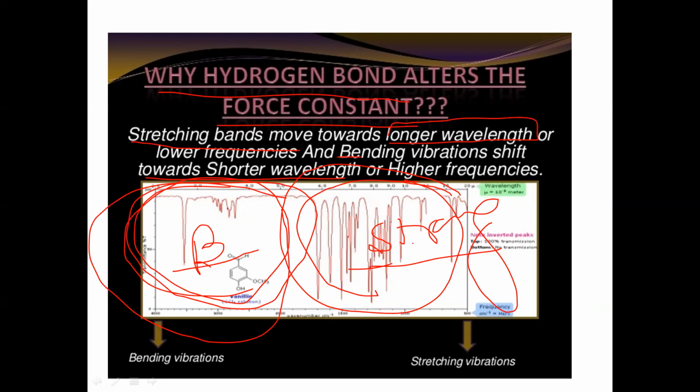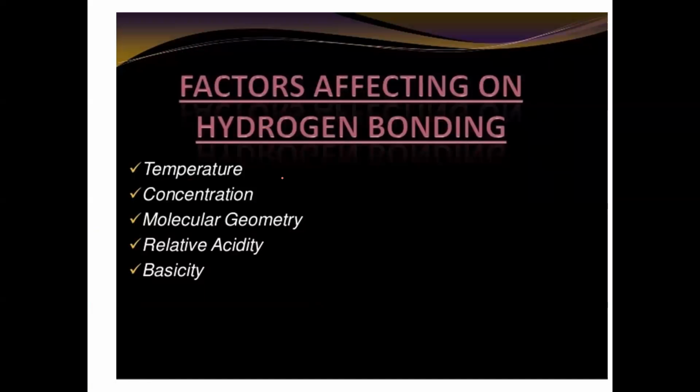This is actually the stretching vibration. Bending vibration appears at higher frequency, and stretching vibration occurs at lower frequencies. So this is the stretching vibration and this is the bending vibration.